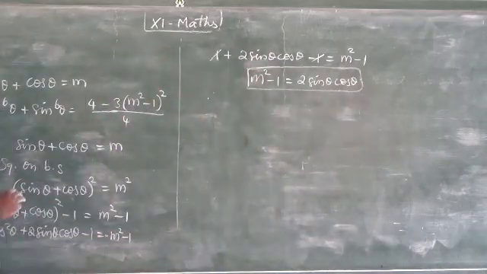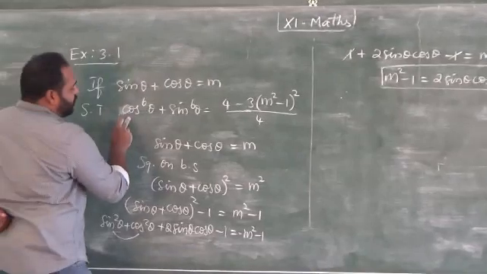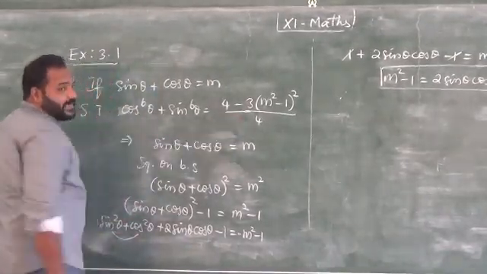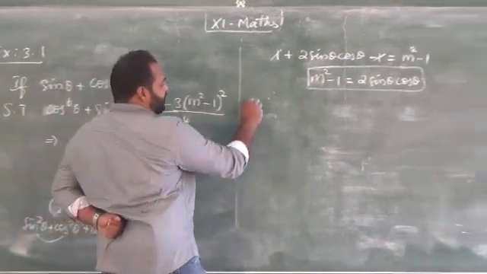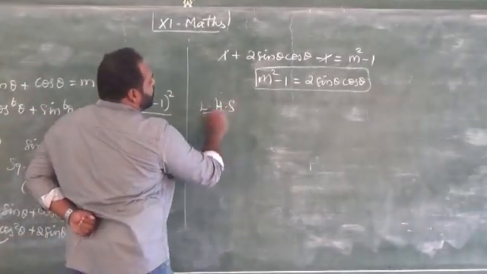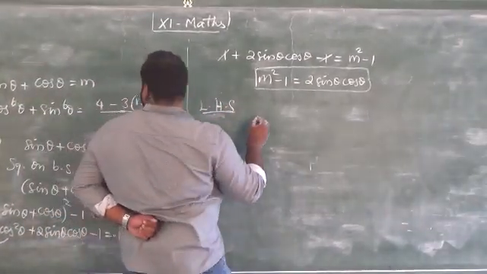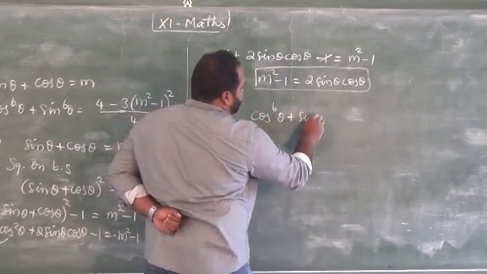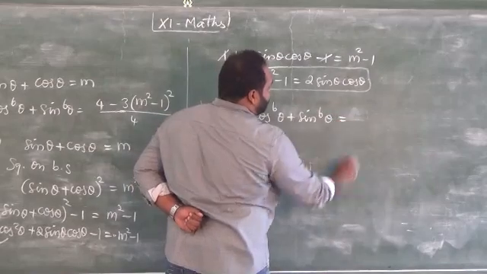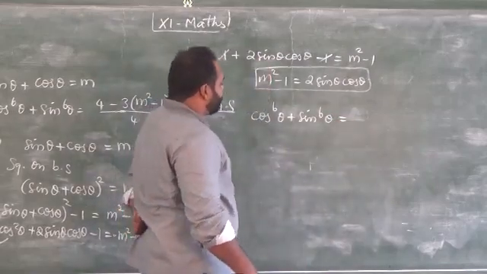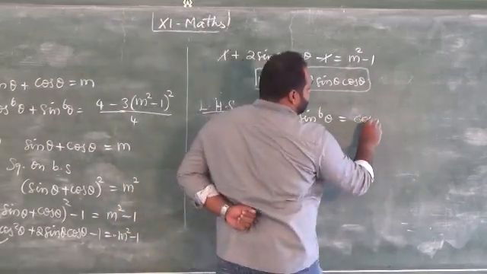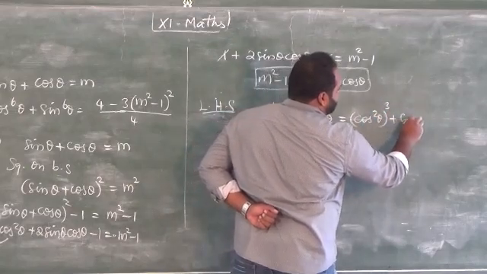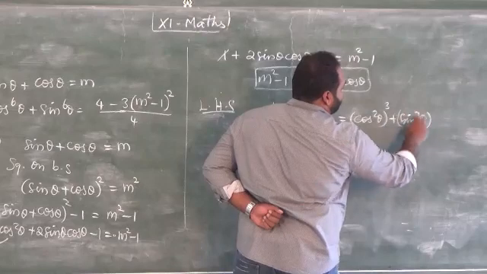Just take this result as it is. Then I am going to take this proof on the left hand side. Using the left hand side I am going to prove the right hand side. So take the left hand side of the question: cos power 6 theta plus sin power 6 theta. Cos power 6 theta can be written as (cos square theta) whole cube plus (sin square theta) whole cube.